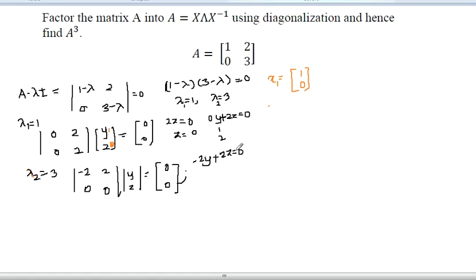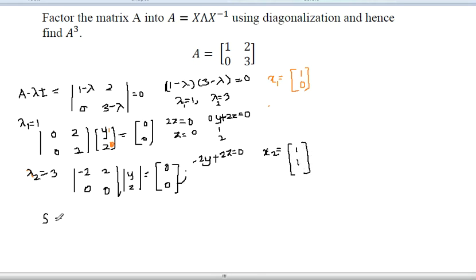If we take them as 0, it satisfies; 1 also satisfies; 2 also satisfies. But as 2, 3 and all are linear multiples of 1, let's take x2, the eigenvector for λ2, as 1, 1.